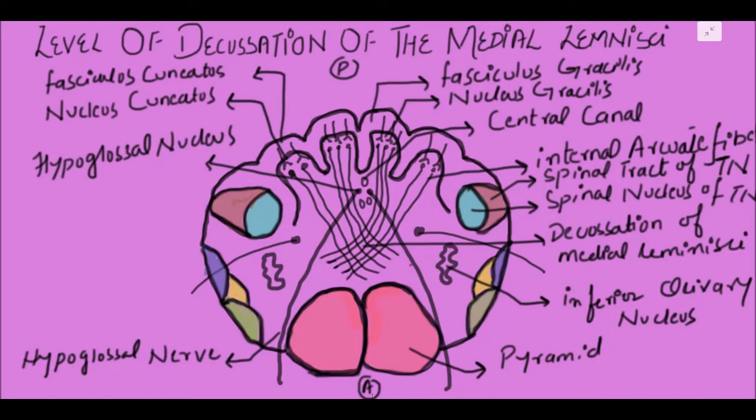Next, we have the inferior olivary nucleus, which is already mentioned here. And one more feature which I have not drawn yet is the reticular formation.